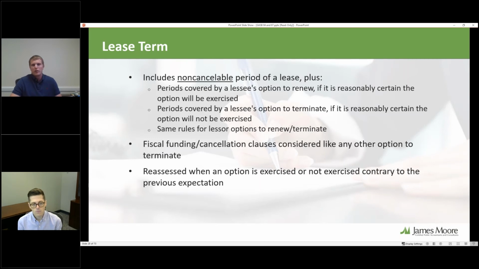However, based on new information later on, for whatever reason, maybe you went from a 90% certainty that it was going to be exercised to now you're 49% sure that it will be exercised. So you're more likely that it won't be exercised. You're not actually going to remeasure the lease until an actual event has occurred, such as you've actually physically declined that option or some other event has taken place. So just because the expectation changes, you're not necessarily going to remeasure the lease at that time.